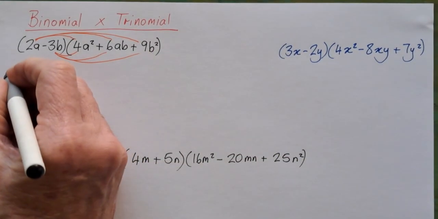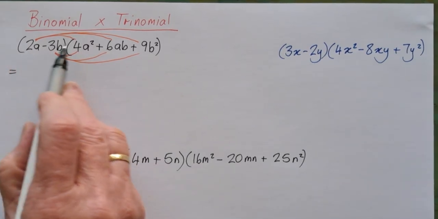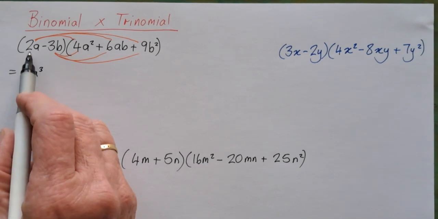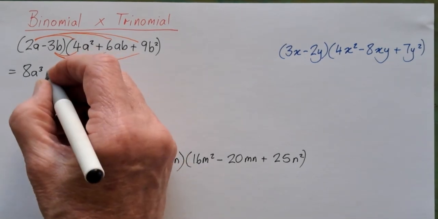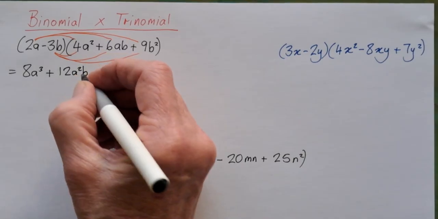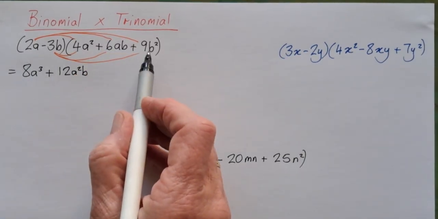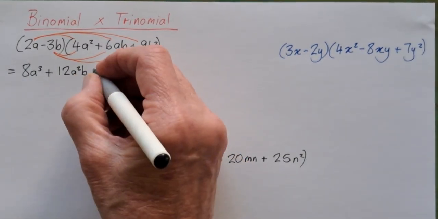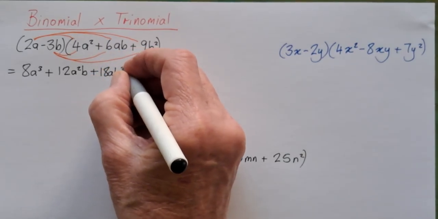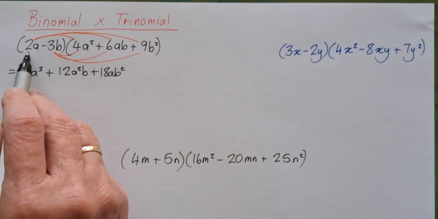So let's start by saying 2a times 4a squared is 8a cubed. 2a times 6ab is 12a squared b. 2a times 9b squared is 18ab squared. Finished with the 2, we go on to this.